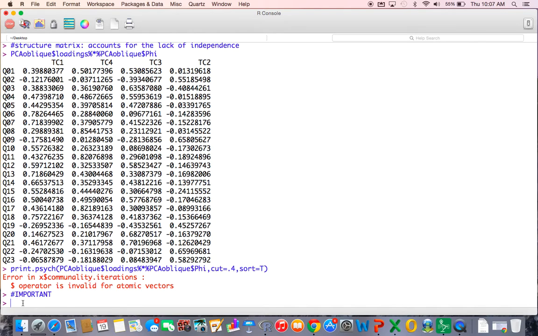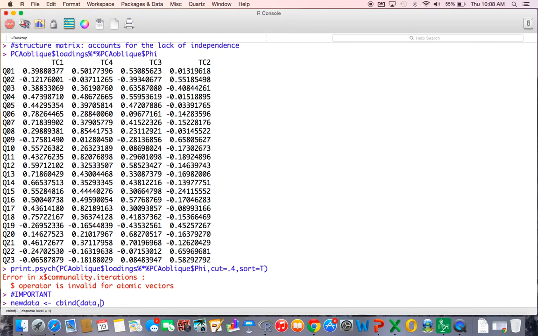So guys, to get the factor scores, it's super easy to do. And what I'd like to do is not only get the scores, I'd like to be able to save them in a new data frame. So I'm going to use cbind, which is going to bind something new with something old.